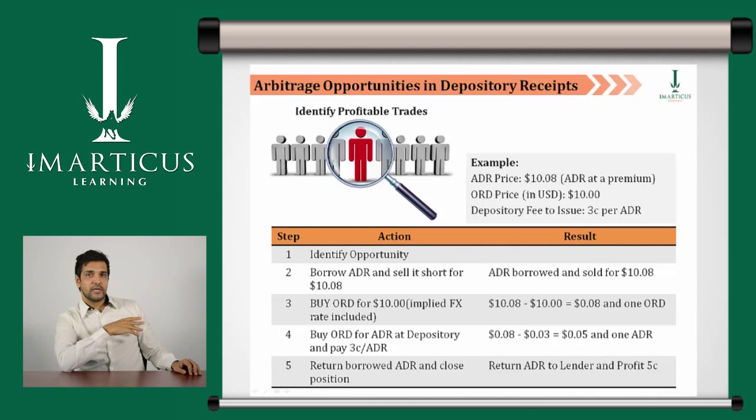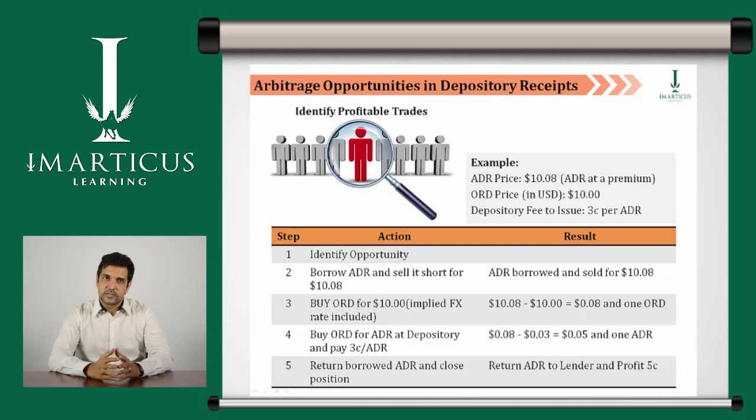The table on the screen shows the action and the corresponding result to it. Identifying opportunity: borrow ADR and sell it short for $10.08. As a result of this, the ADR is borrowed and sold for $10.08.